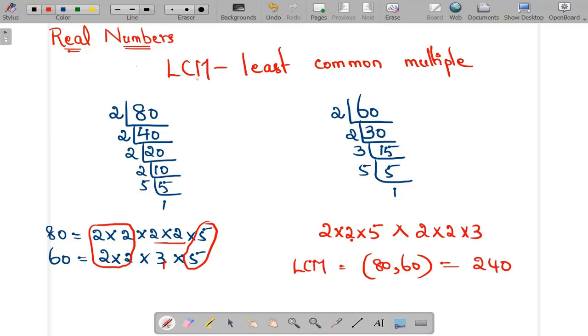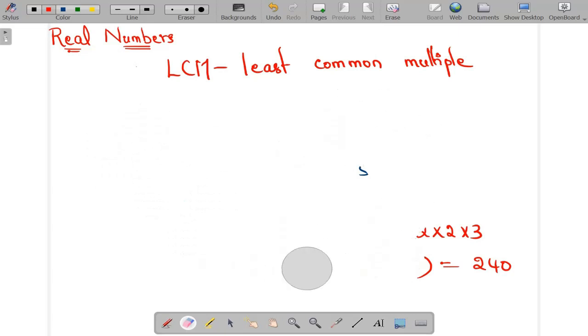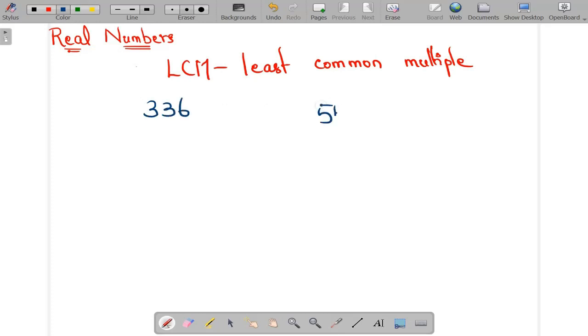We'll do this process again for bigger numbers so that we understand how the calculation is done. Let's start with the numbers 336 and 54. I'll start the prime factorization for 336. It is an even number, so as usual I'm going to start with 2. 2 times 168.